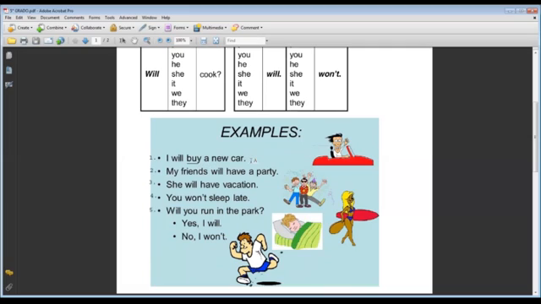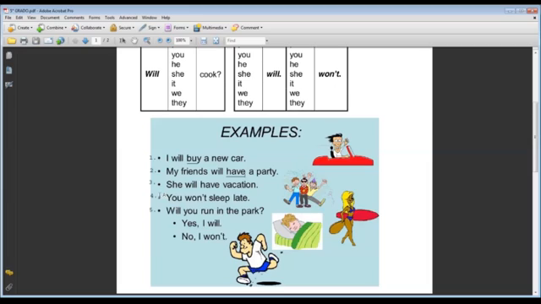A new car, un carro nuevo. In number 2, my friends will have a party. Okay, the verb is have.